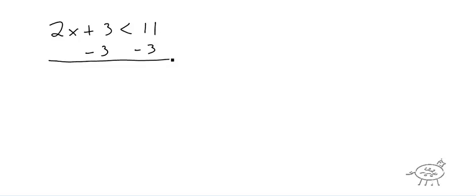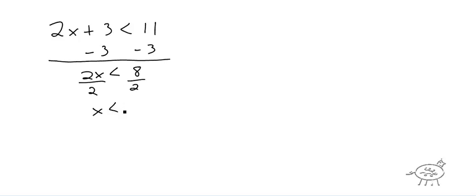Okay, let's do a little solving here now. If I have 2x plus 3 is less than 11. I'm going to subtract 3 from both sides, and you always have to show all your work, just like back in the day. Always show your work. 2x is less than 8, and divide both sides by 2.